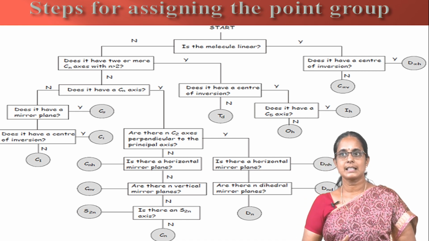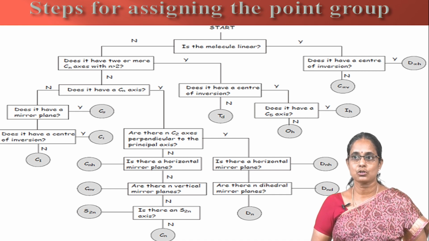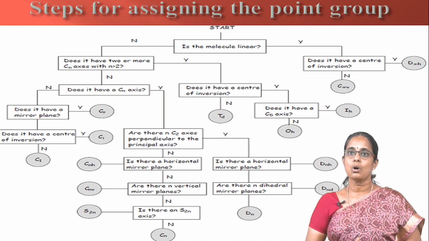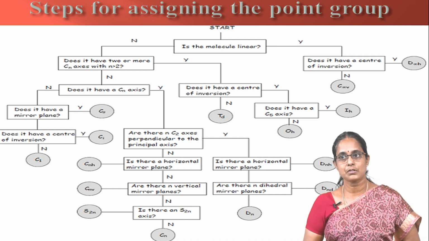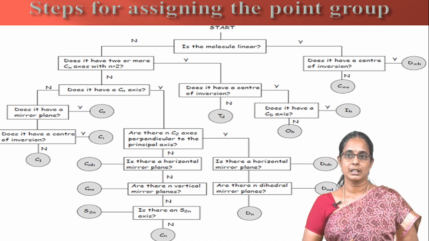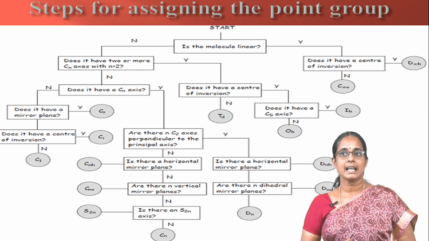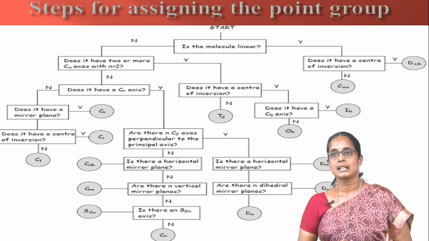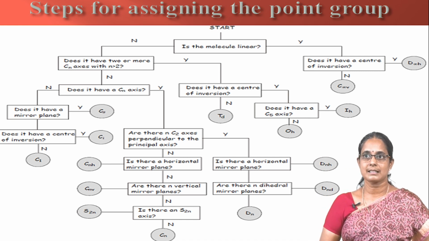The next step is to determine the improper rotation axis S2n, collinear with the principal Cn axis. If so, the molecule is in an S2n point group. If not, the molecule is in a Cn point group. This is the flow chart for how to assign the point group.